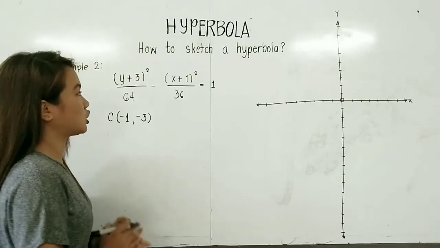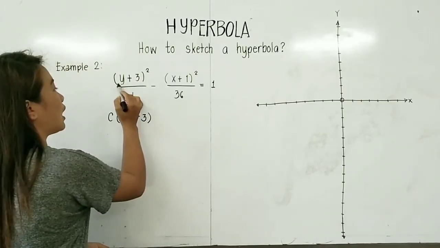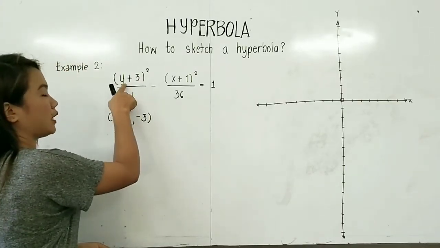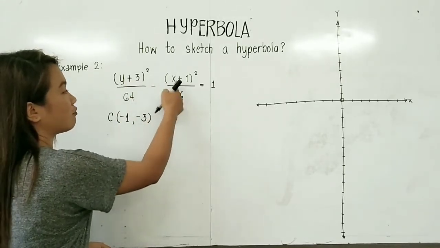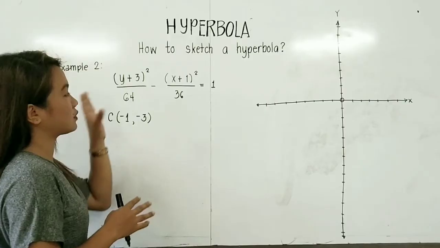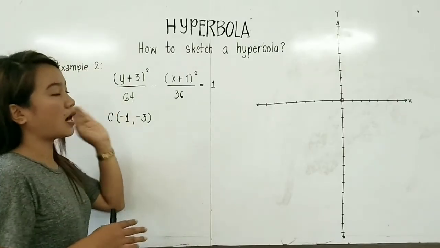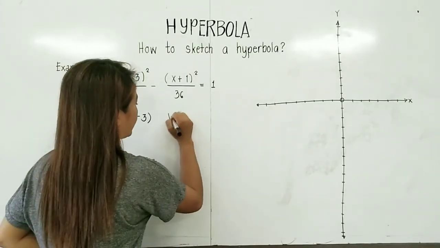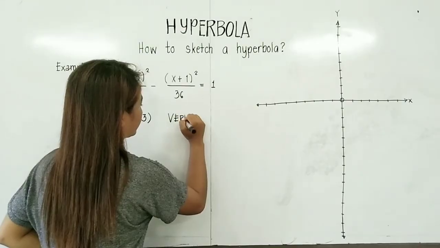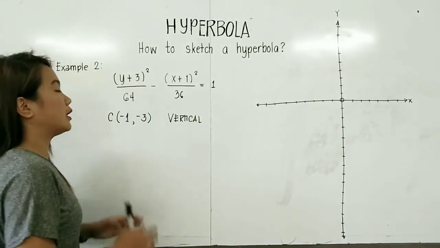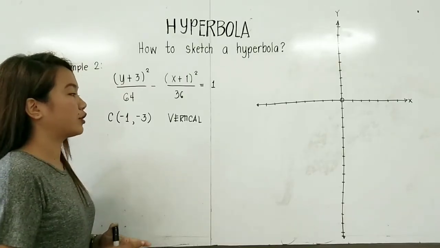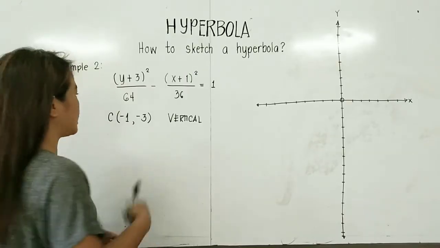Next is the position. So here, our positive variable is y, and we have negative x. Therefore, we can conclude that the transverse axis of this hyperbola is vertical. Next we will solve for the values of a, b, and c.